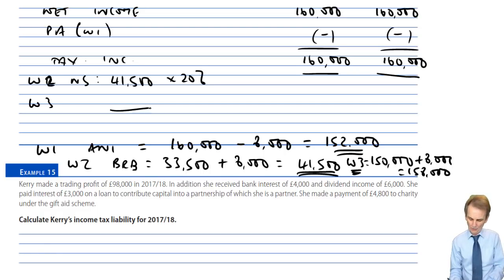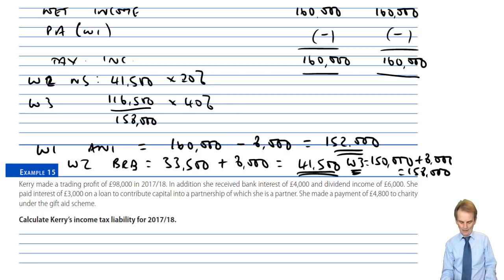So we've taxed 41,500. The extended basic rate band limit is 158. So take 41,500 away from 158,000, and hopefully what that gives us is 116,500 to be taxed at 40%. Again, just check there. 500, carry 1, 42, 116, yes, 158,000 there.